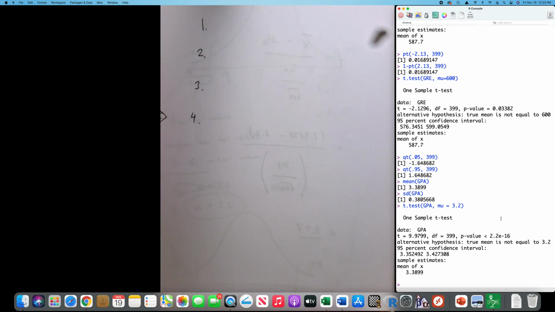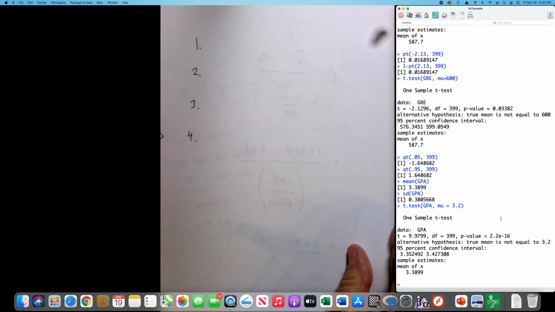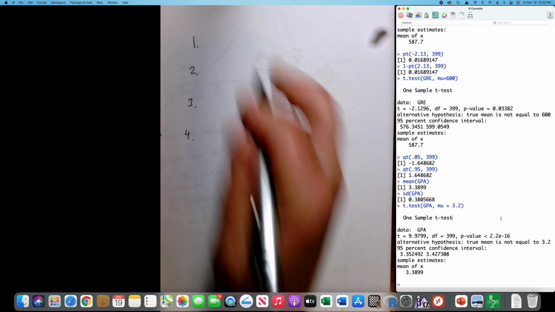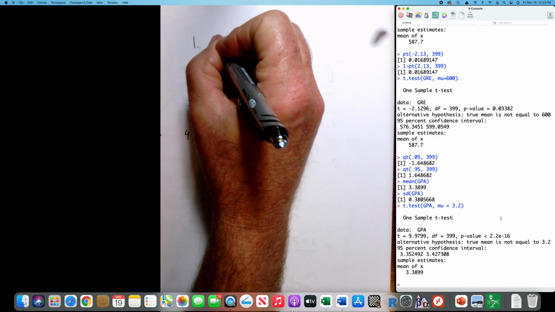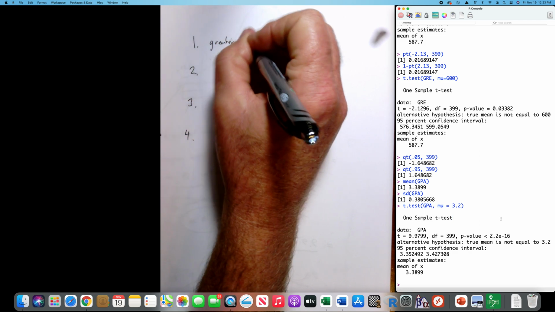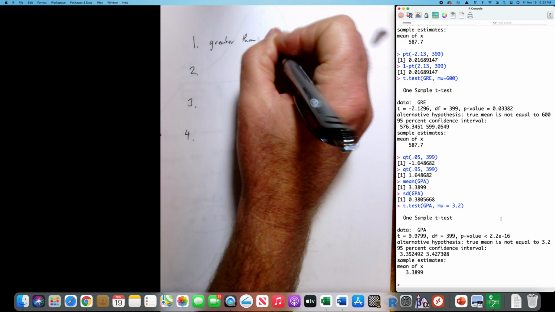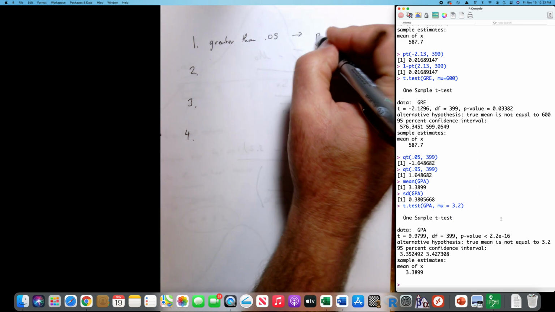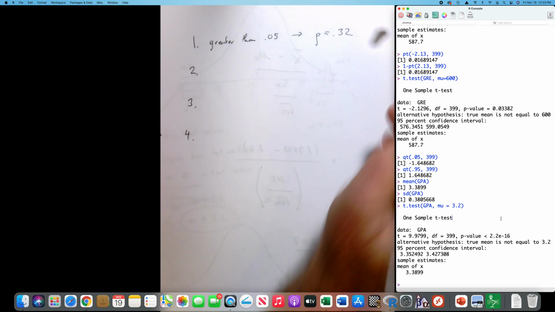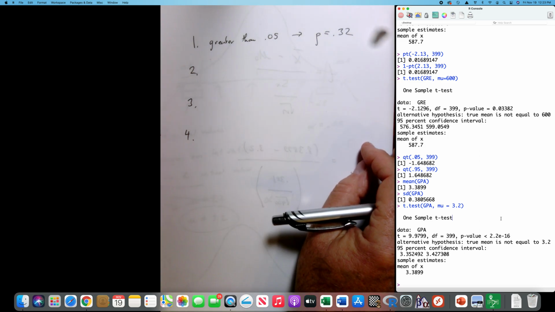There are three categories for reporting p-values. If our p-value is greater than 0.05, report it. If our p-value is 0.32, clearly greater than 0.05, just report it.